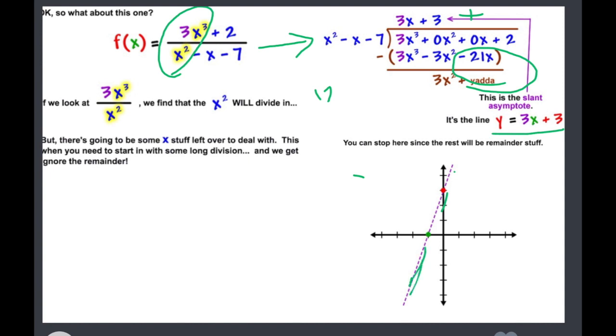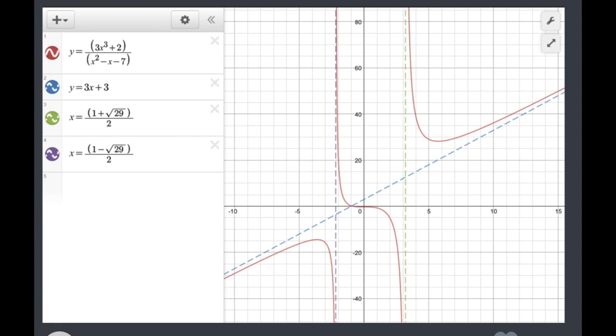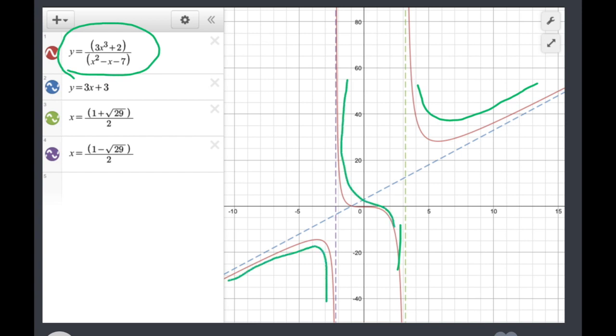So here's the graph on the next slide. You'll notice there's the original equation, and here is the red graph right here, coming down like this, and then it comes down this way through the middle, down here, and then this way. Now you'll notice I put asymptotes there.